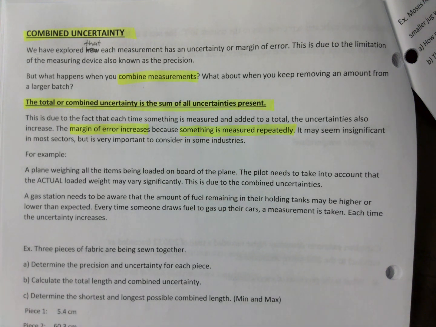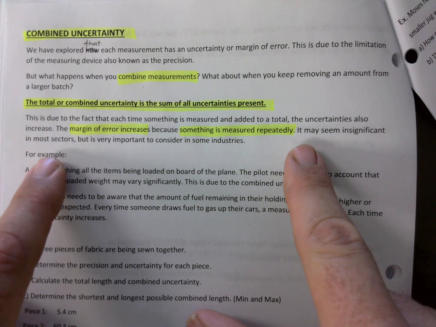Every single time they weigh, there's a bit of uncertainty that keeps piling up. So technically, when they weigh everything, they could be off, right? The total weight of all the luggage in that airplane could be more or less than what shows on the computer. And so that's why you keep adding the uncertainties.